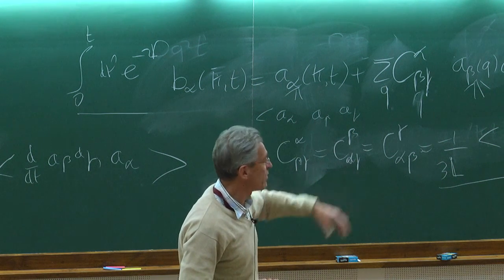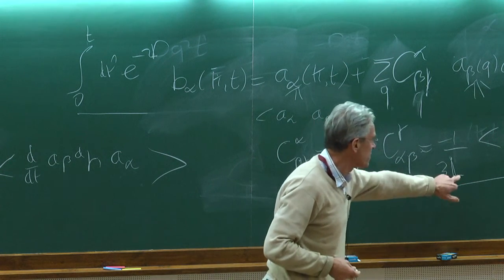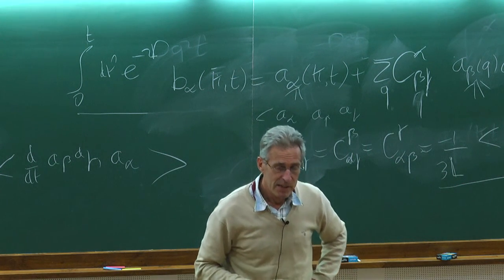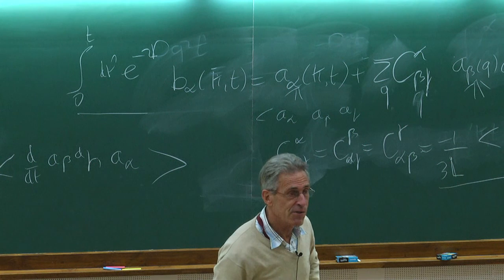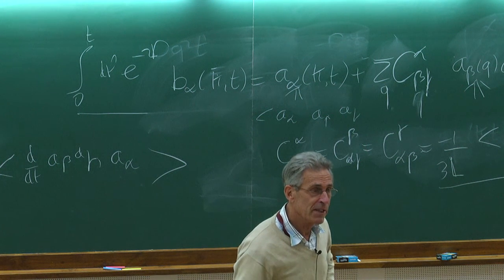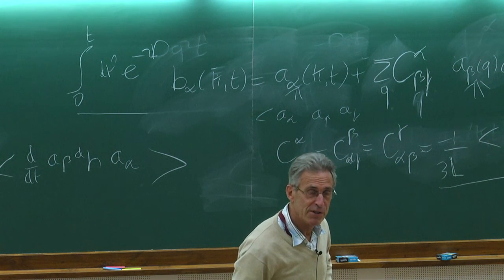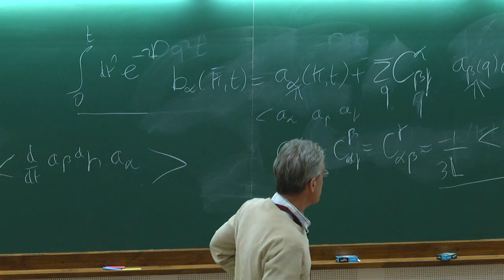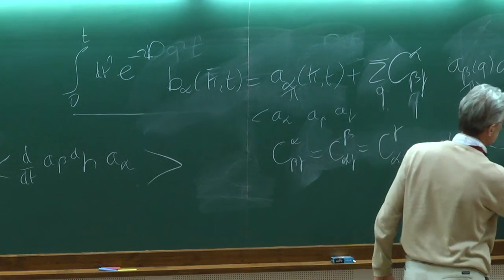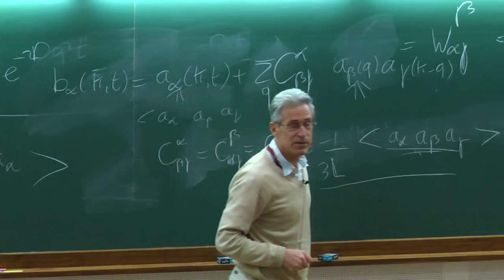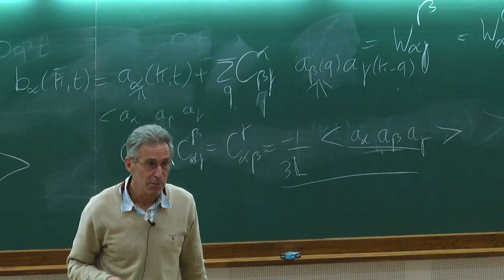In addition, you have a small coefficient because this is 1 over L sitting here. So this looks like a good solution. In the thermodynamic limit, it won't change the equations at all, except you change these static correlation functions such that they have the desired property.